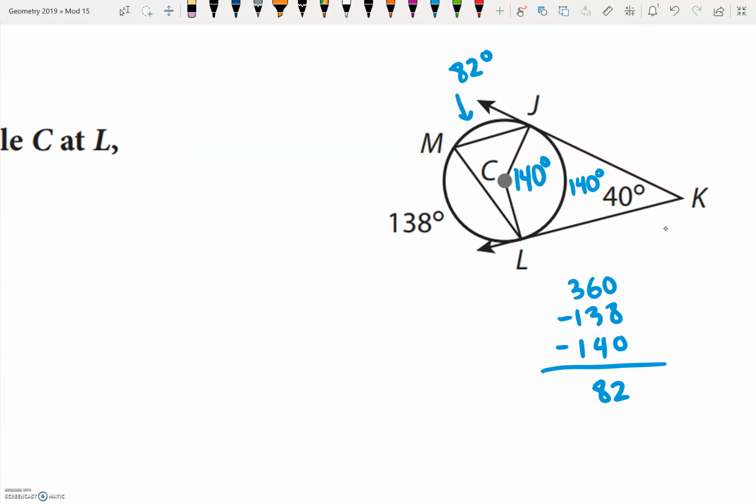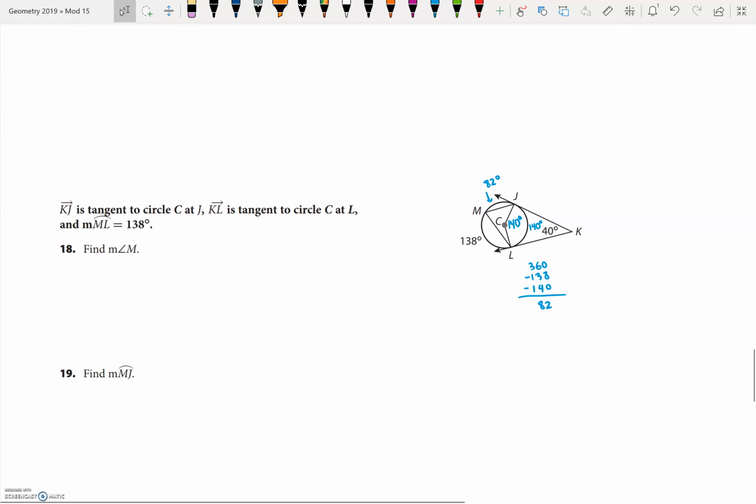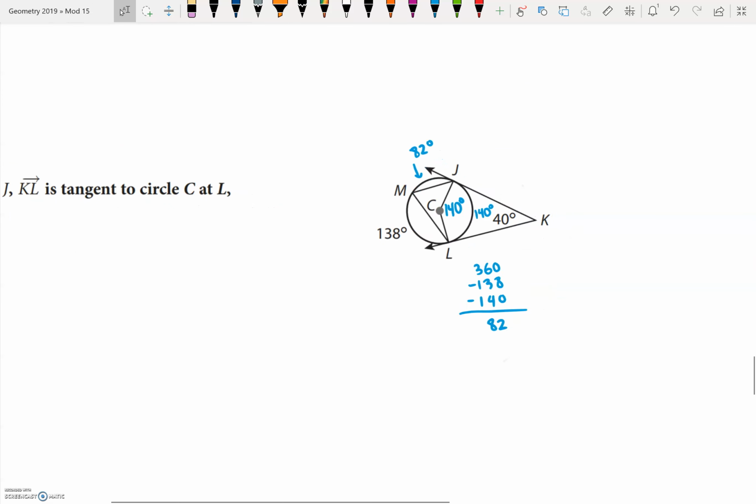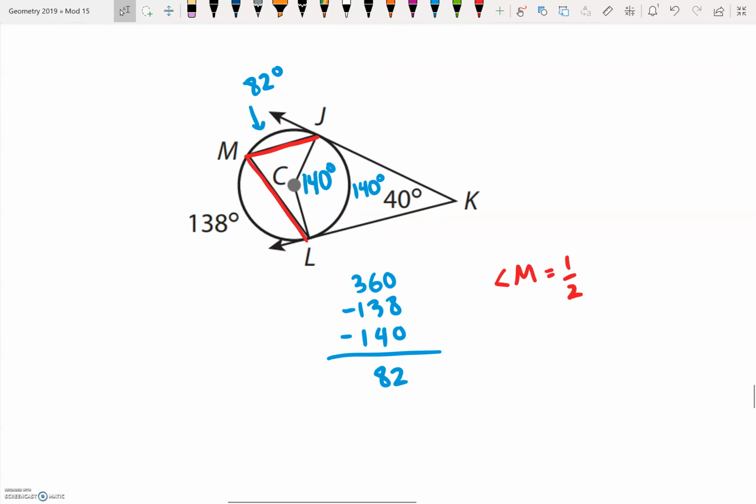And then let's go back to our problem. Our problem wants us to find the measure of angle M. Okay, so we want to find out this angle here, and notice that this angle is an inscribed angle relating to this arc, and the measure of M is going to be 1/2 of JL, which we know is 140.